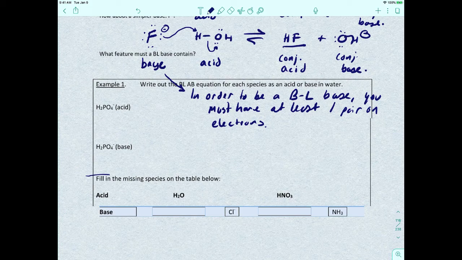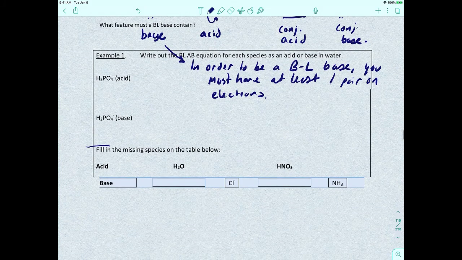Now let's take a look at some of this. Specifically this last problem, fill in the species on the missing table. So the first row is your acids, the second row are your bases. If you've got water as an acid, what is its conjugate base? Well, deprotonate the water, you've got hydroxide.